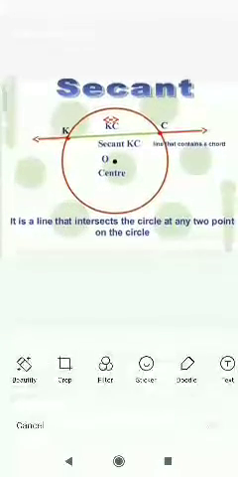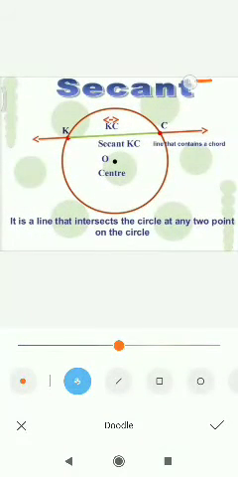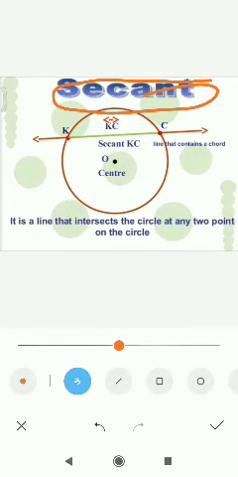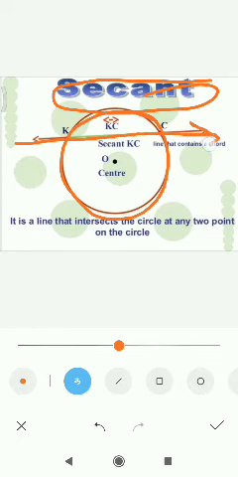So what is a secant? A line that intersects a circle at any 2 points on the circle. Before we were talking about chords, but now we are talking about secant. Secant is something which is even bigger.